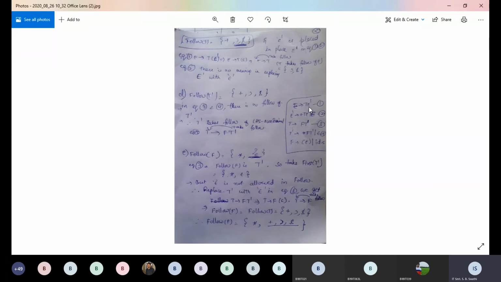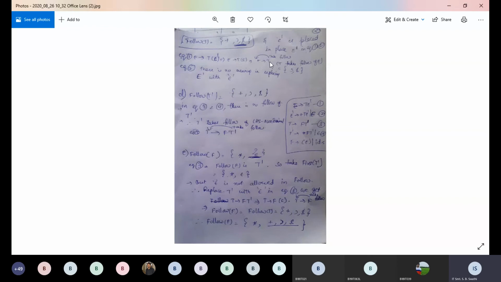So E dash can be replaced with plus comma epsilon, that is the first of E dash. When you replace E dash with plus, the successive element of T is plus. When you replace E dash with epsilon, what happens? What does this equation change to? E goes to T E dash, right? So when you write epsilon in place of E dash, the equation changes to E goes to T.